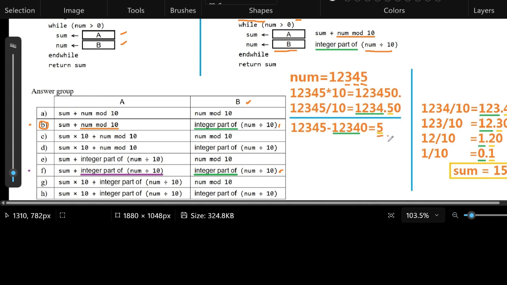And that's really how mod works: if you're dividing by a certain number and you get a remainder, that would be the output for mod.